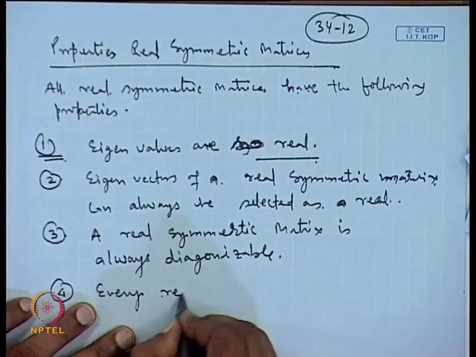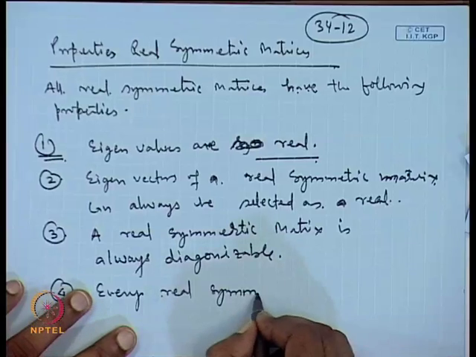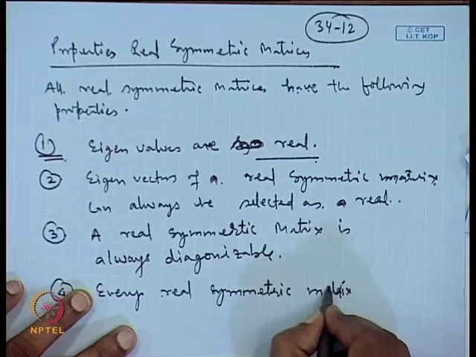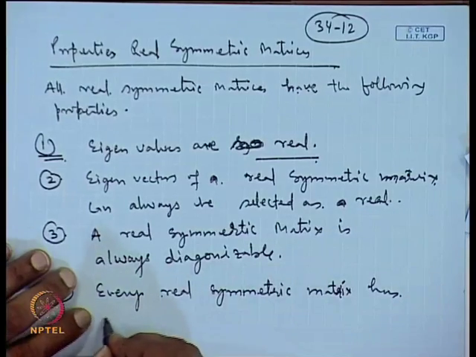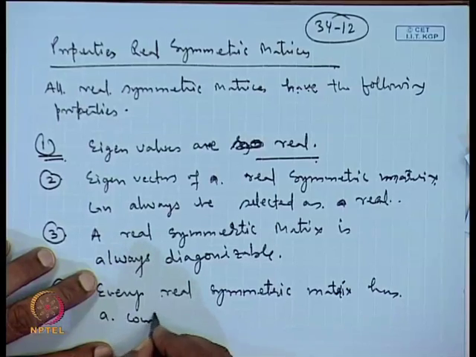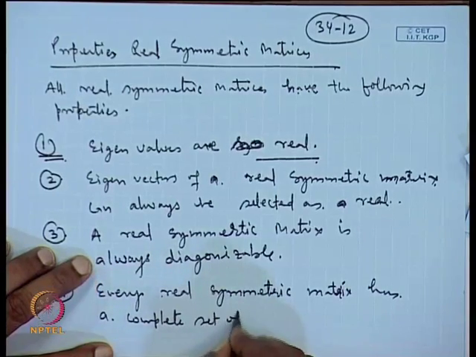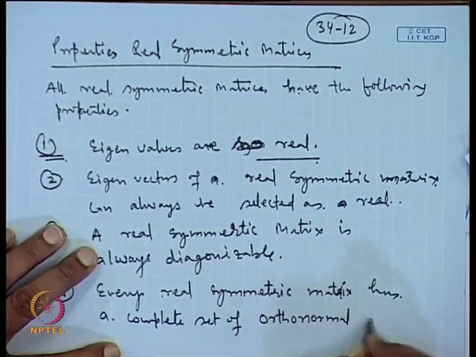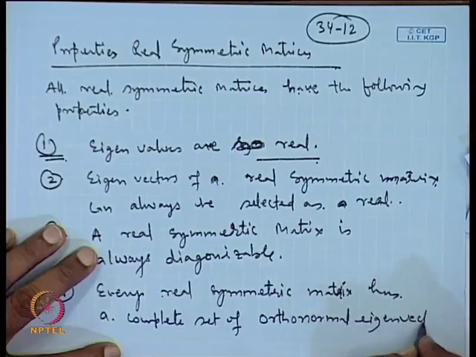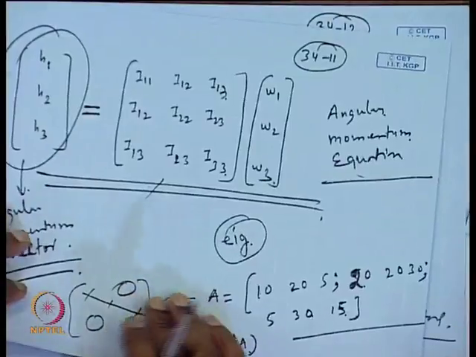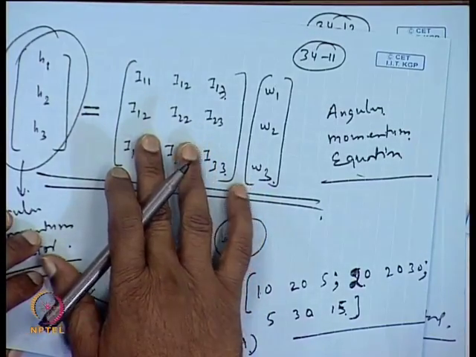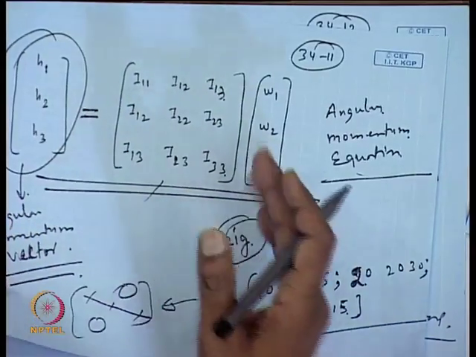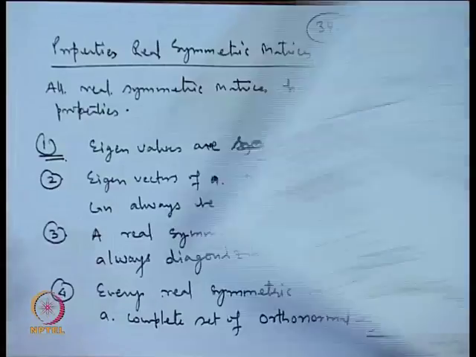So, every real symmetric matrix has a complete set of orthonormal eigenvectors. In this case, this is the inertia matrix, and because it is real and symmetric, it will have 3 orthogonal or orthonormal eigenvectors.